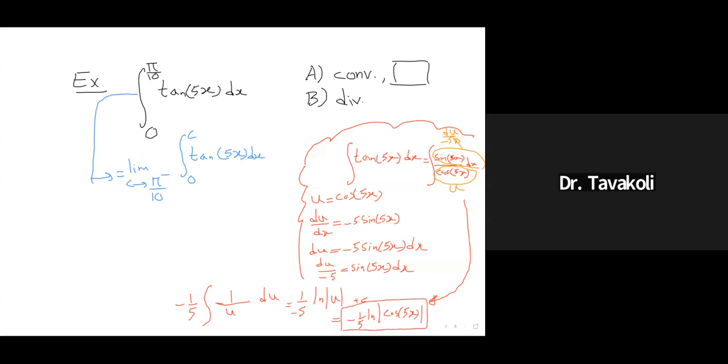So the integral of tangent of 5x dx using this substitution is going to be -1/5 ln of absolute value of cosine of 5x, and there's a plus c here, but it's not really needed because we are eventually dealing with the definite integral.